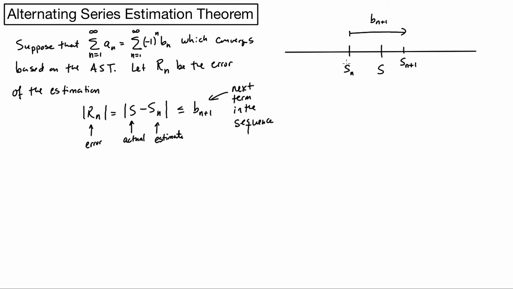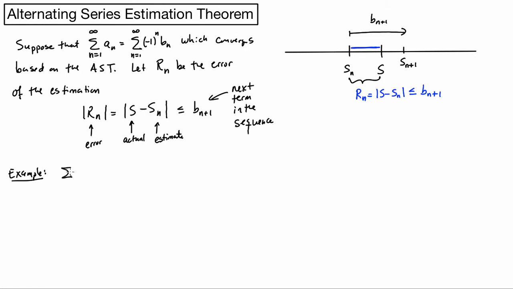But the error Rn is the distance between S and Sn. That error is smaller than the distance to the next partial sum. The next partial sum is Bn plus 1 away, so the error is less than Bn plus 1. That's where the alternating series estimation theorem is coming from. All right, let's see if we can apply an example.